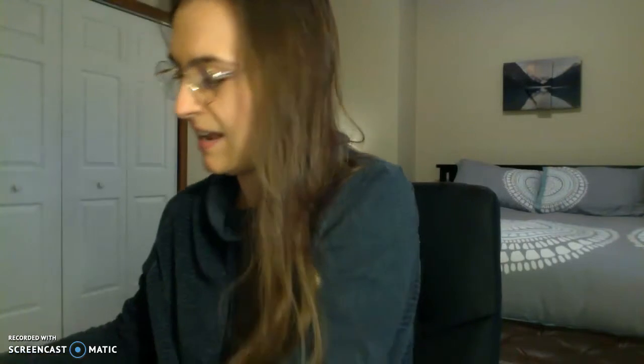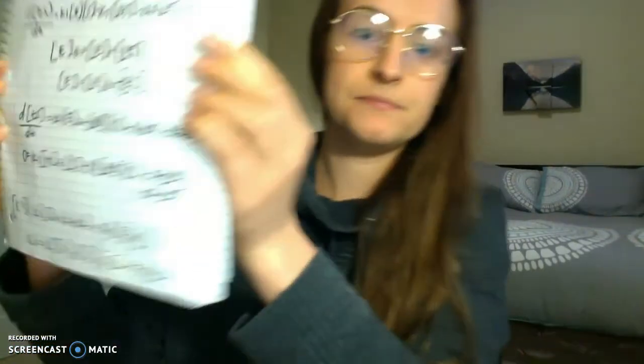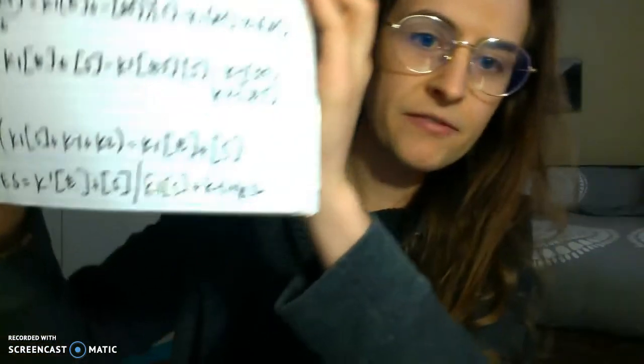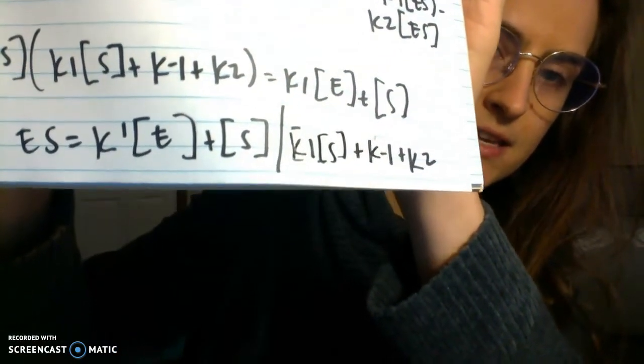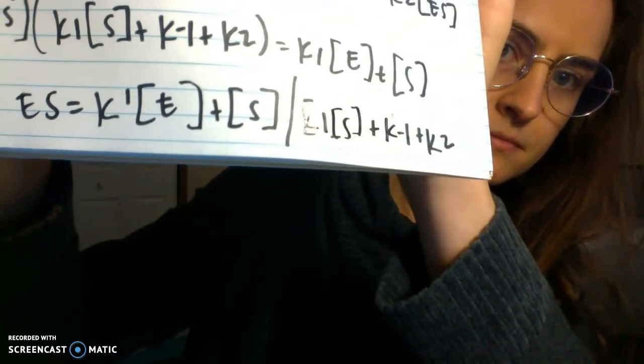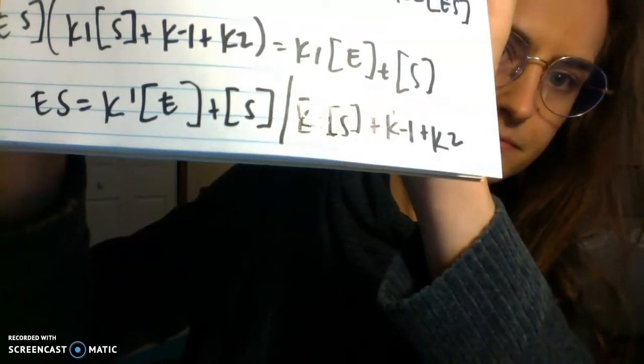Sorry, I'm just double checking my work here. And I'm getting to the end of the page. So after we divide for ES, we are given this. We then need to multiply both the numerator and the denominator by 1 over K1.